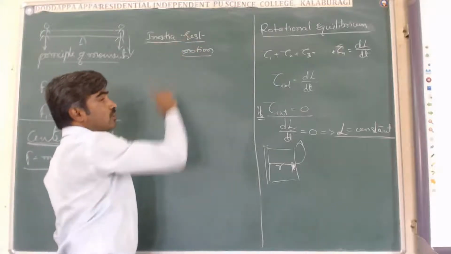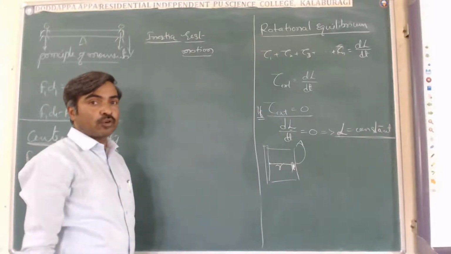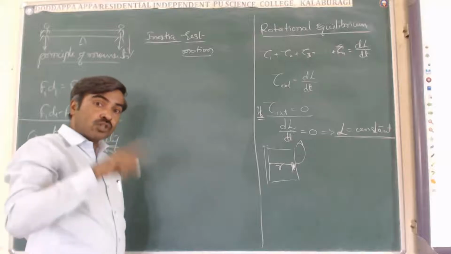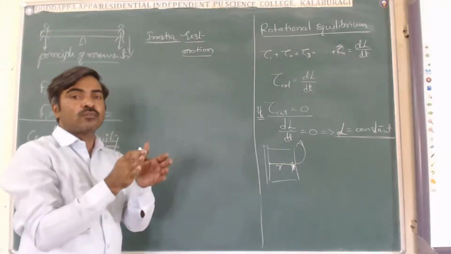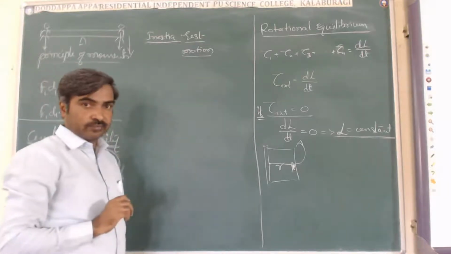That is called inertia of rest. It will not move unless any force is applied to move that body. Or the body continues in its state of motion until and unless an external force is applied to stop it. That is called inertia of motion.